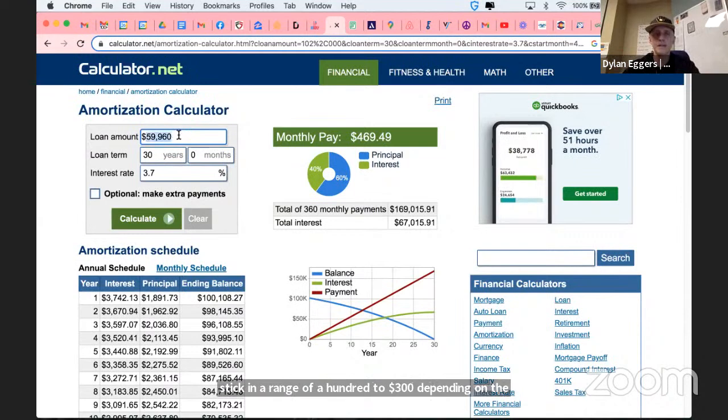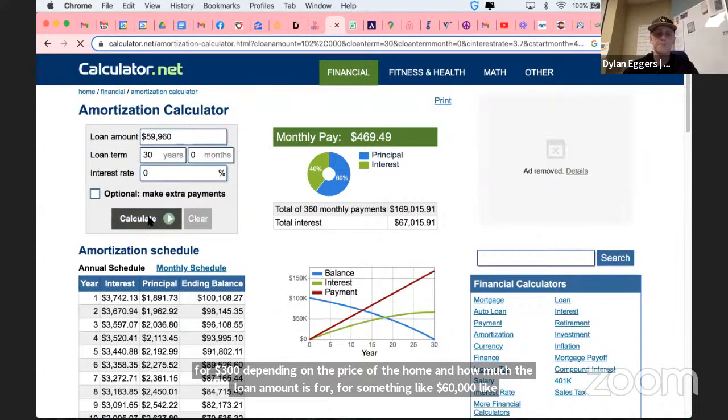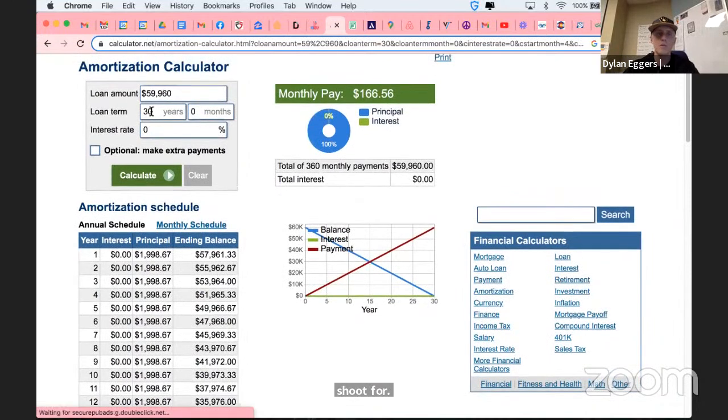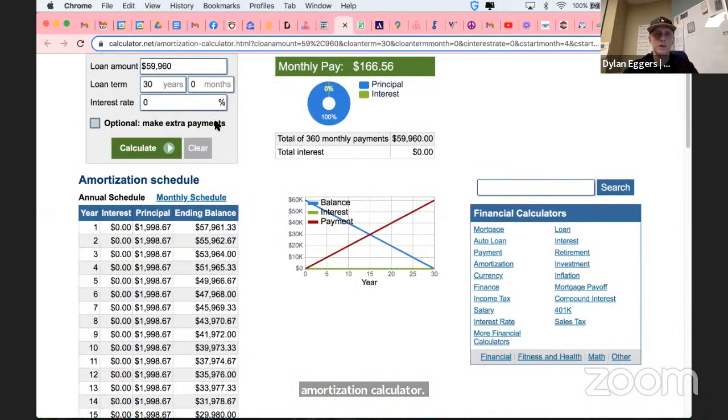For something like $60,000 like this, let's see. And again, 0% interest rate is what we shoot for. I might offer them an interest rate. I might decrease the loan amount. So make sure you guys have a good amortization calculator. I prefer calculator.net/amortization.